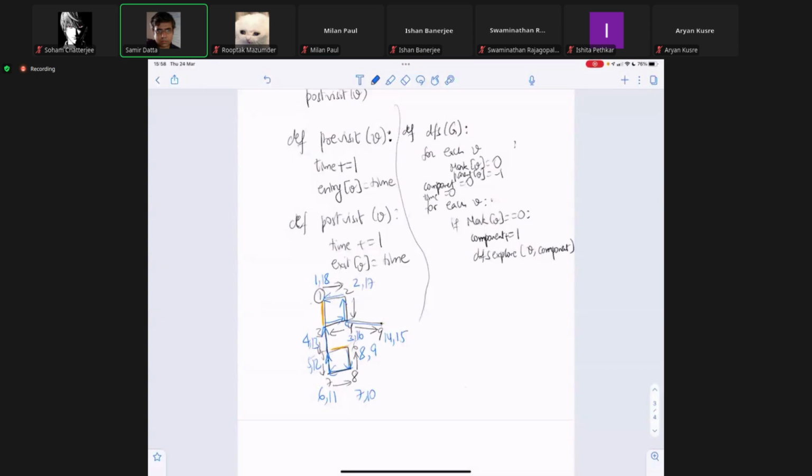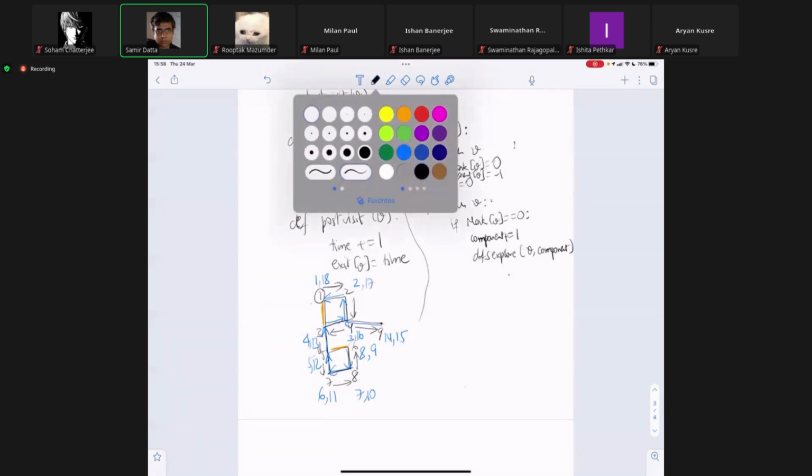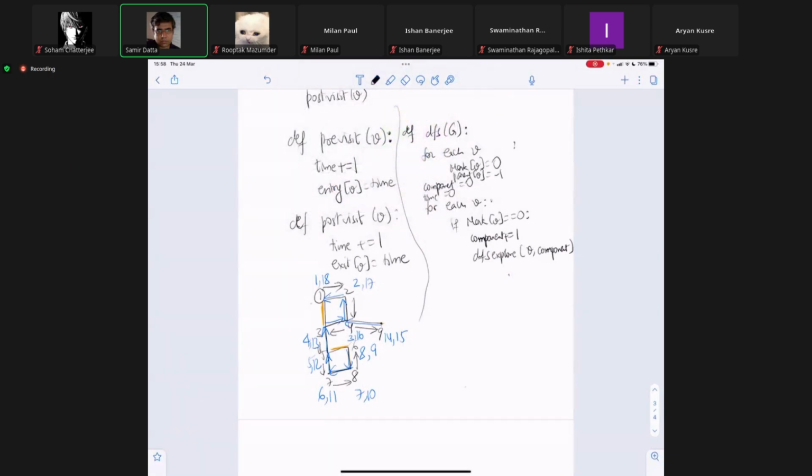So we get this tree with these entry and exit labels. So we have 1 at the top, and that has labels 1, 18. Then you have 2.